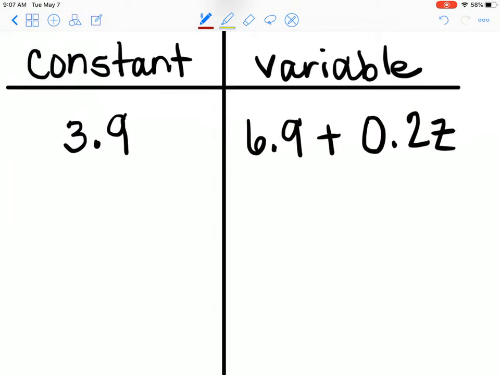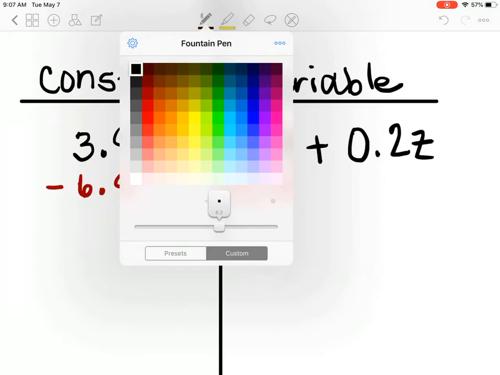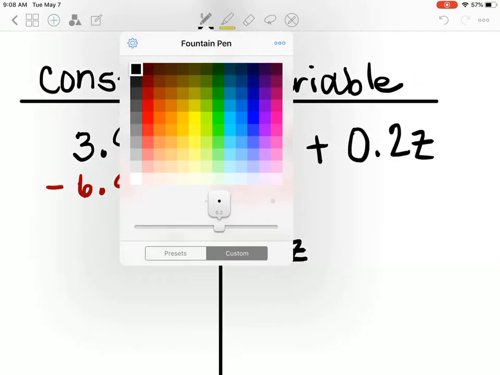Let me zoom. This positive 6.9 will need to be subtracted from both sides. Be careful there. You literally just type 3.9 subtract 6.9, and that leaves you with a negative 3. And on this side, you have the positive 0.2z. So we need to divide the coefficient.